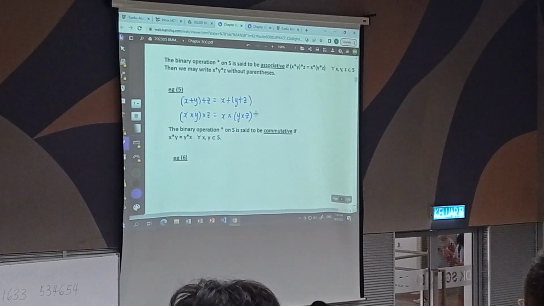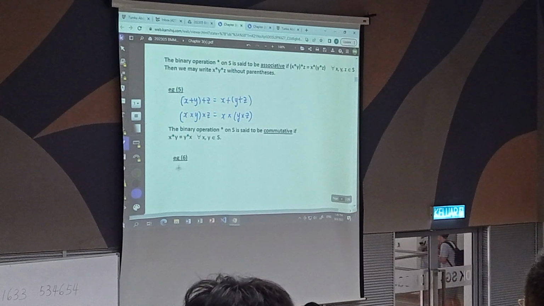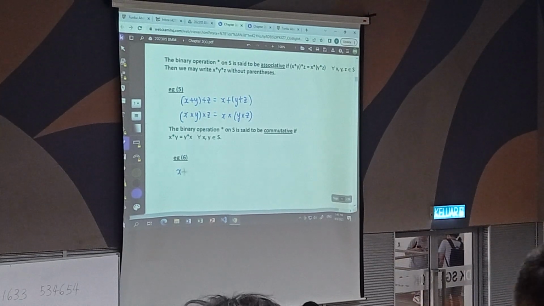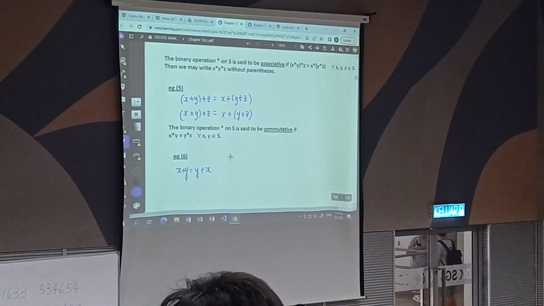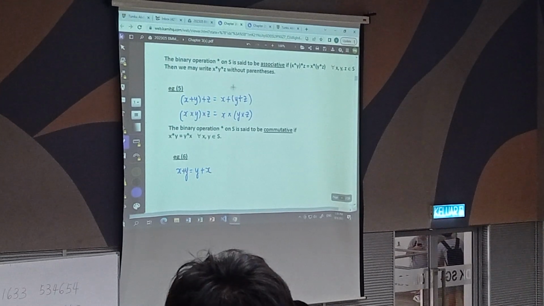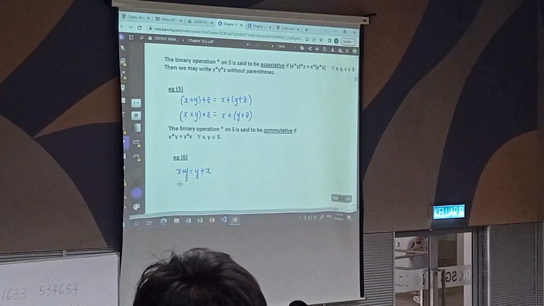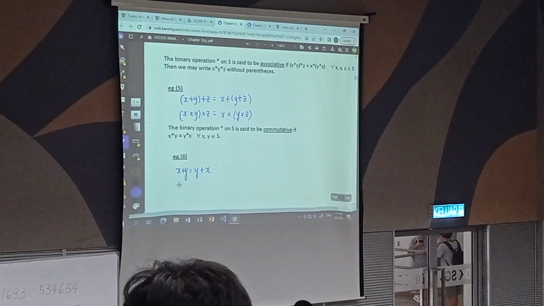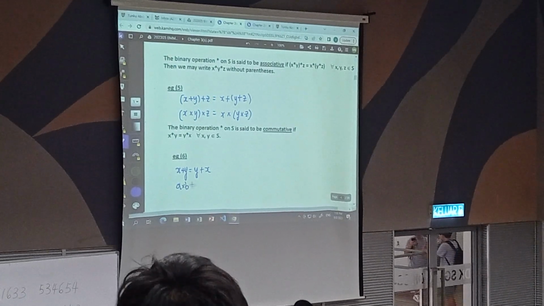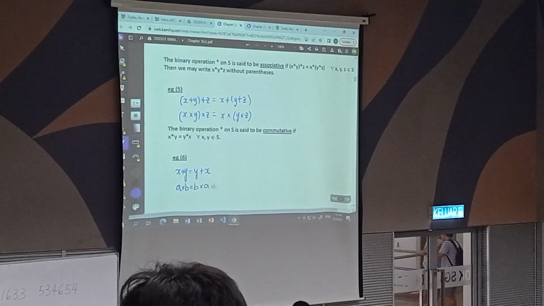What is an example of an operator that is commutative? x plus y equals y plus x. Agree? Then multiply is also the same. A multiply B equals B multiply A.